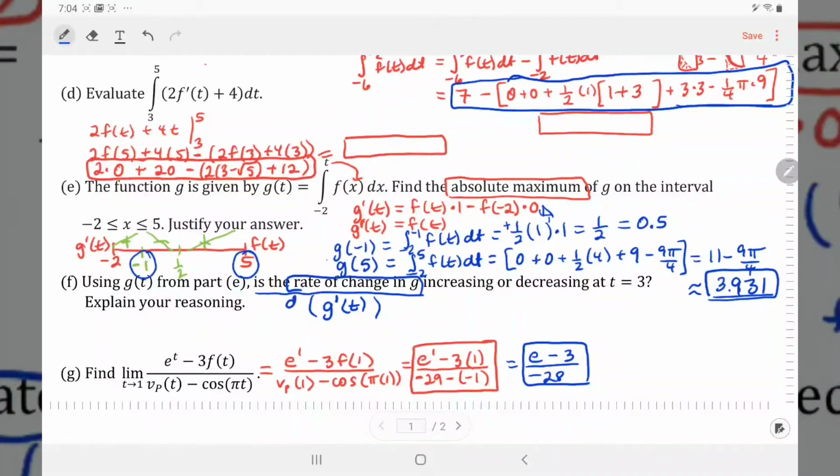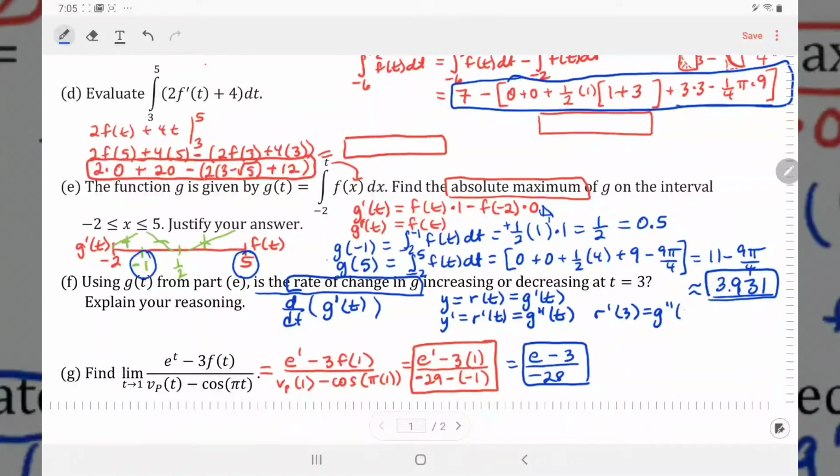So think of it as y equals r of t, which is the rate, which is g prime, and I want to know if y is increasing. So I would take the derivative of y, or r, which would actually be the second derivative of g, which is very odd. So I want to know r prime of 3, r being the rate, which is g double prime of 3.